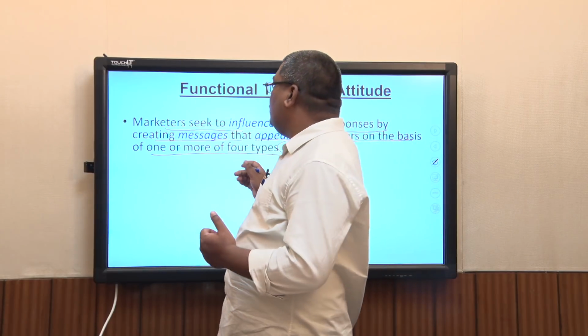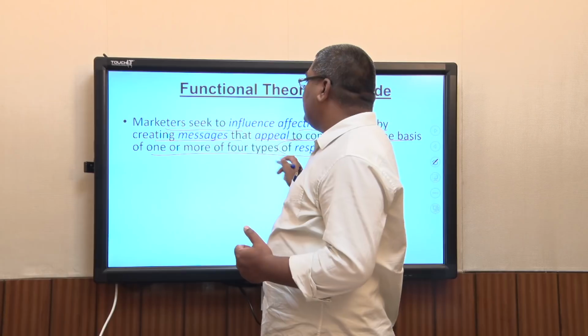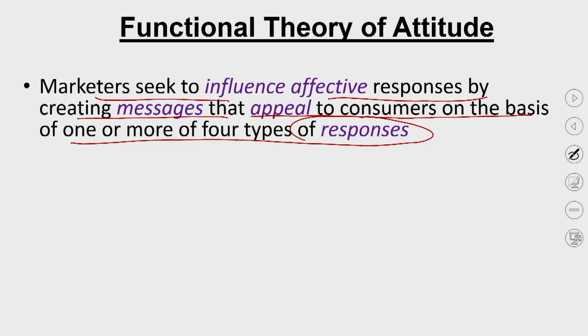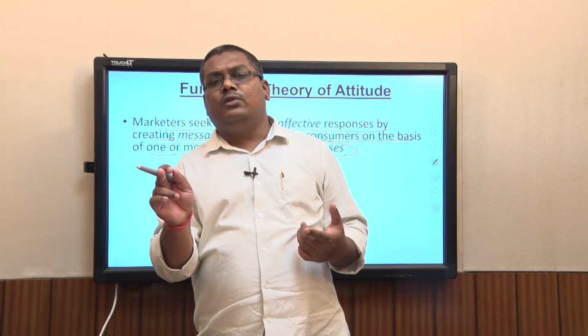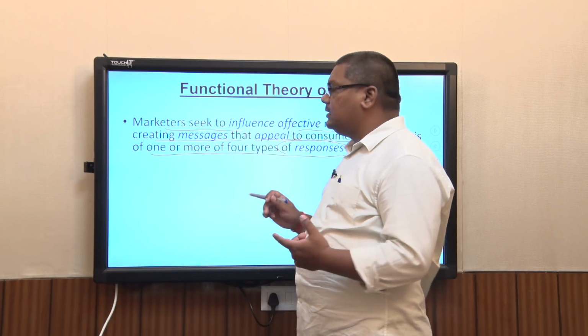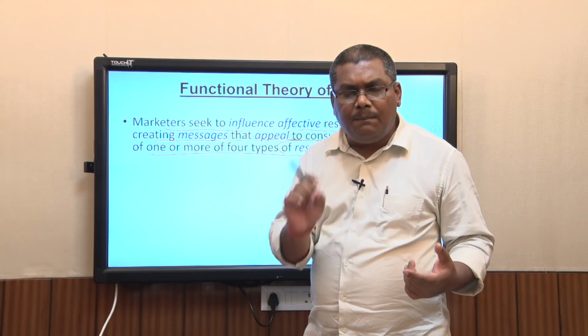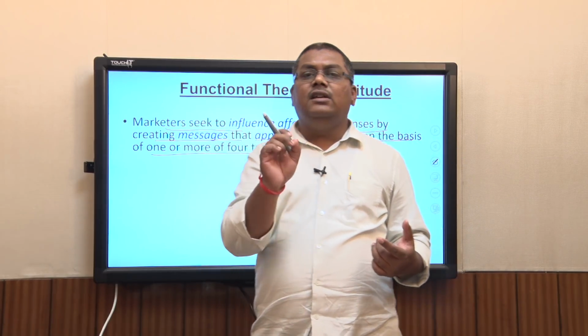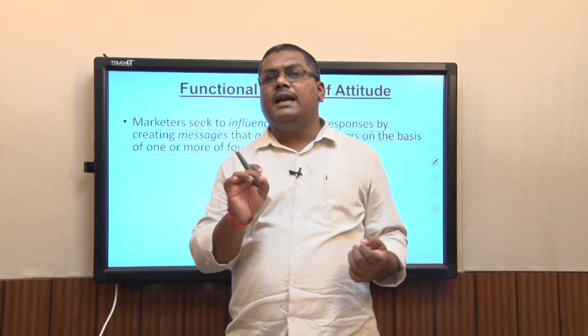So that is what we are looking at. There is a functional theory which says that when people get information about a particular product or product group from the market, they produce a particular kind of response based on the effect that is generated through the product. And so by studying these responses, the company, the manufacturer, is actually looking at changing people's attitude.